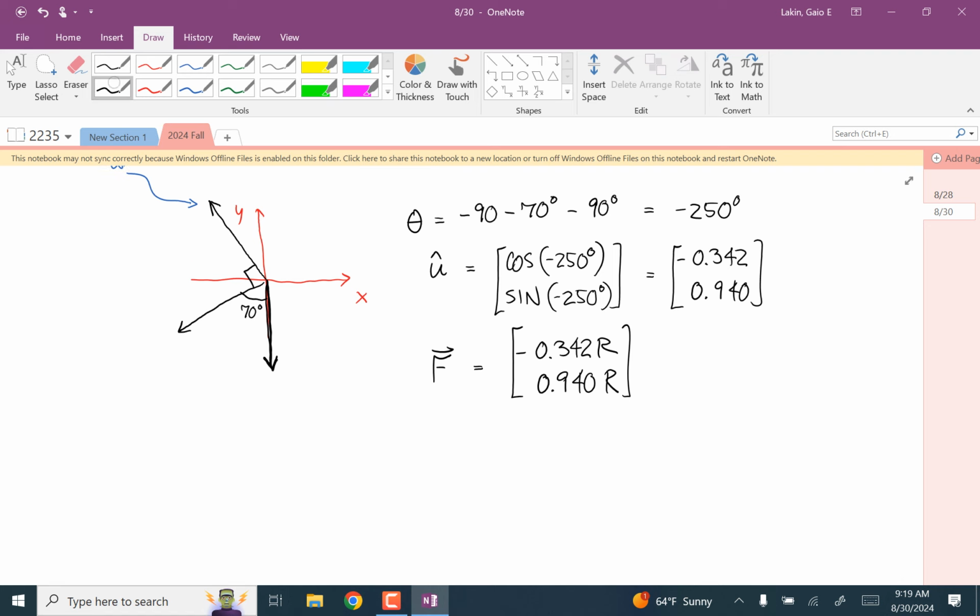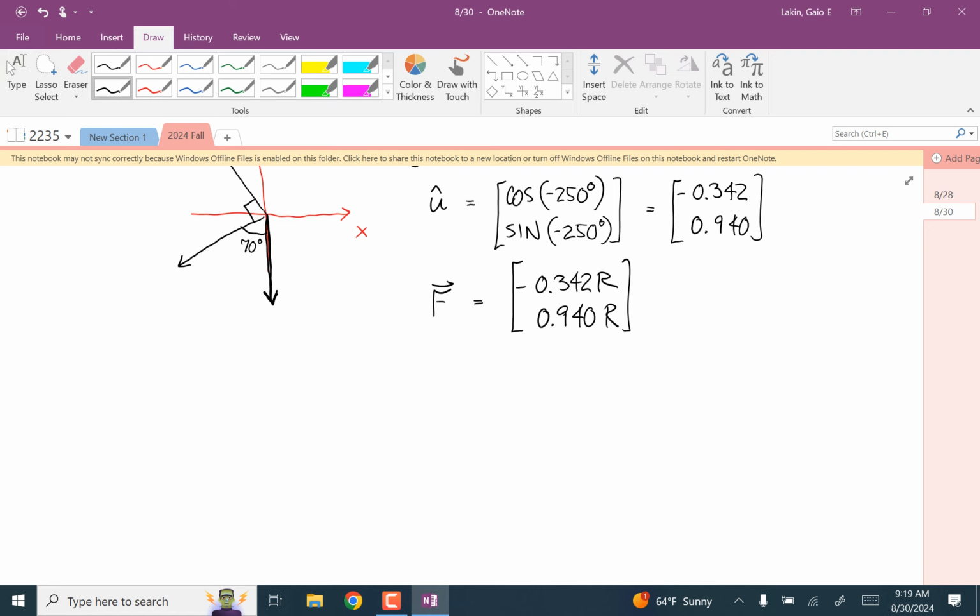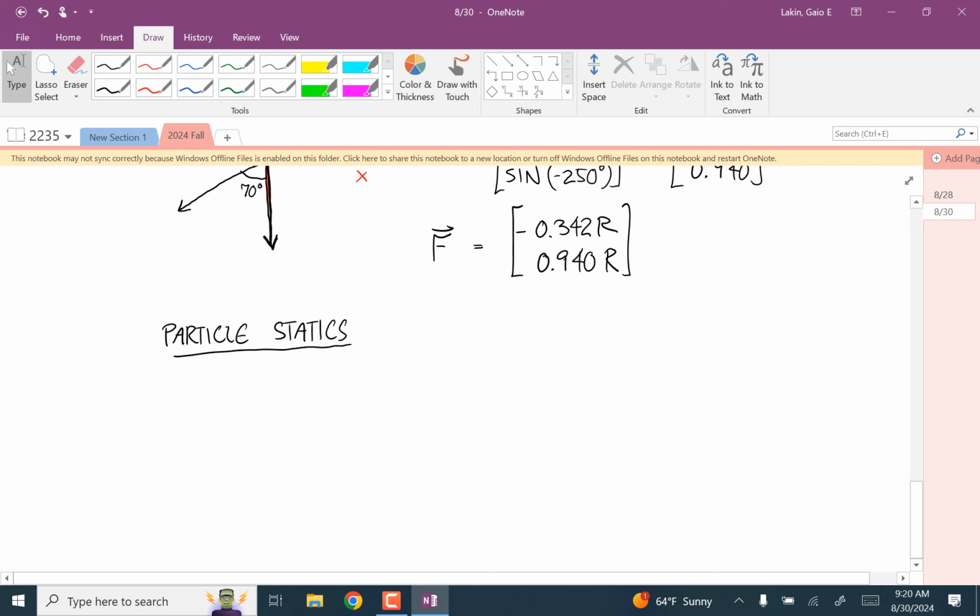Okay, so now let's go on to particle statics. Okay, so a particle is really just like a treatment of an object. It doesn't mean necessarily that the object is small or anything like that. It really just means that you don't care about the object's orientation through time.